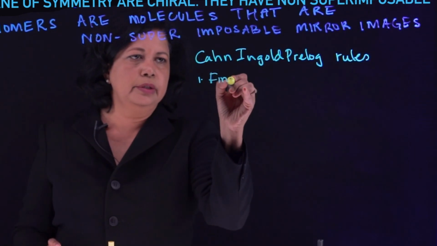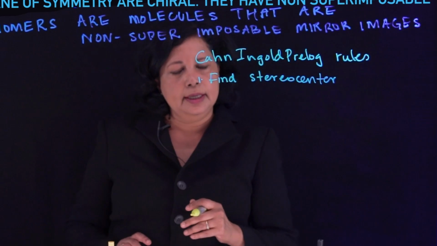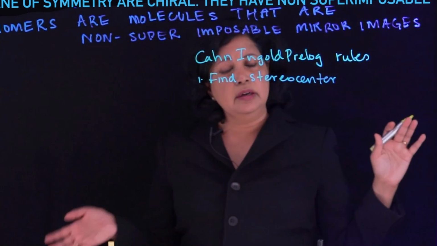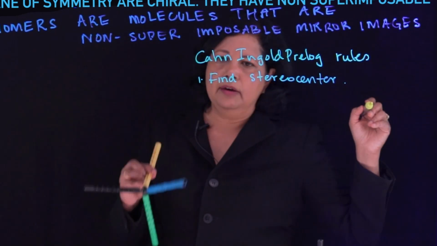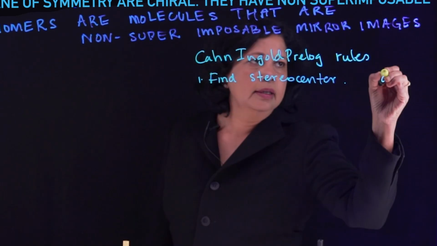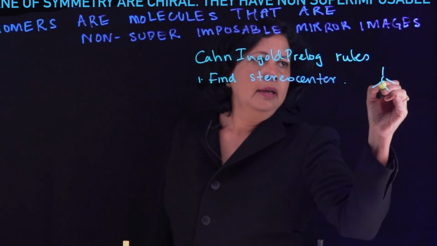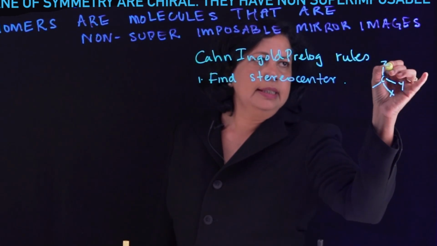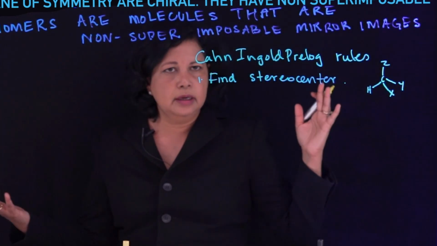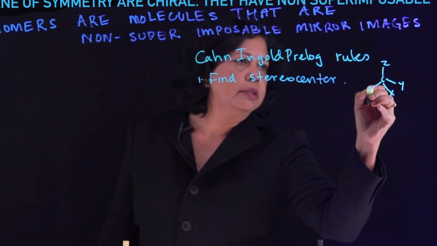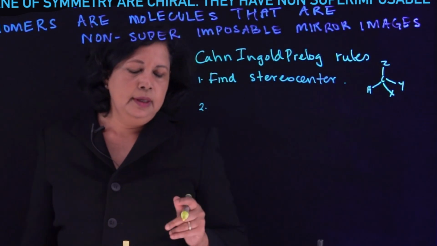Find the stereocenter. And typically stereocenters, not always, but most of the time, will have 4 different things connected to them. X, Y, Z, and let's say maybe a hydrogen or a carbon. I will just put a 2.